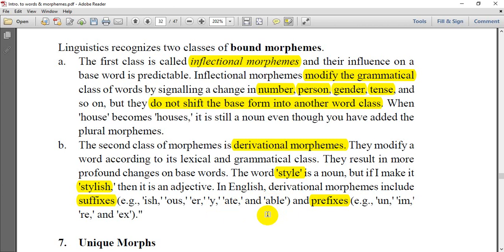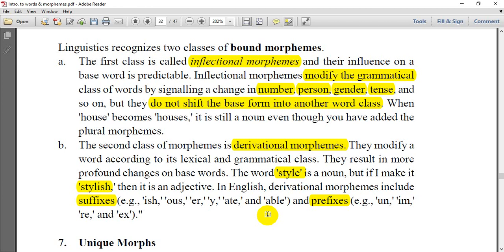Derivational morphemes change the grammatical category of a word or the meaning of it. For example, the English word kind. Kind is an adjective and has a different meaning from the English word kindness.